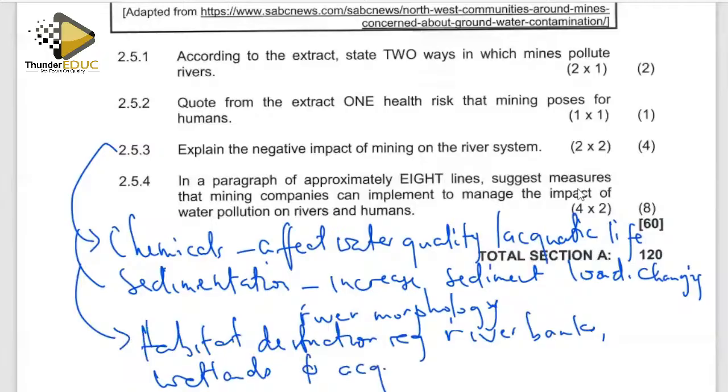And also the aquatic ecosystem is negatively impacted. So those are some of the effects that mining activities can pose on the river system. It can also destroy habitat around the river systems, like in the river banks or in the wetlands, or it also disturbs the aquatic ecosystem.